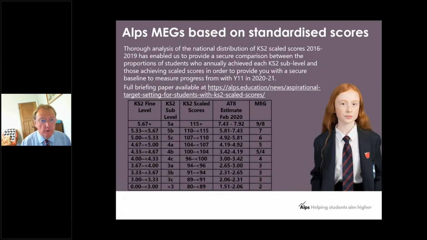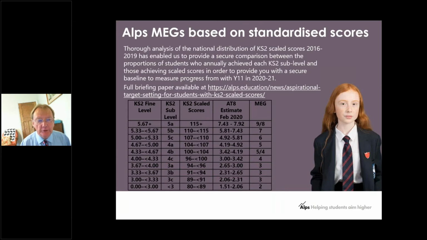However, this is the first year, as I said earlier, that the cohort have come into Year 11 with scaled scores. And I'm going to briefly describe what we've done before I take you through the table at the bottom.